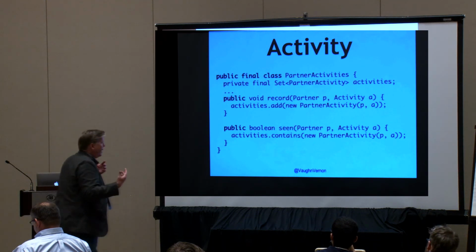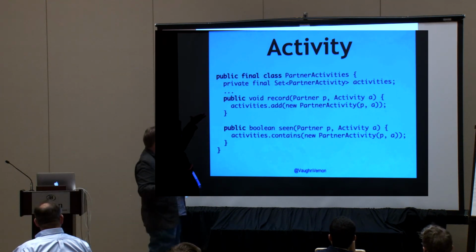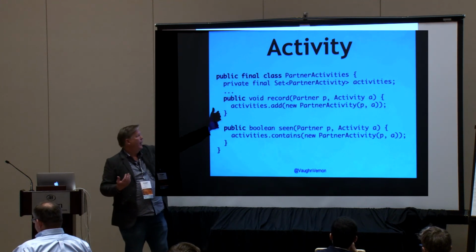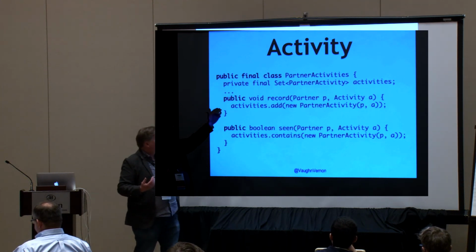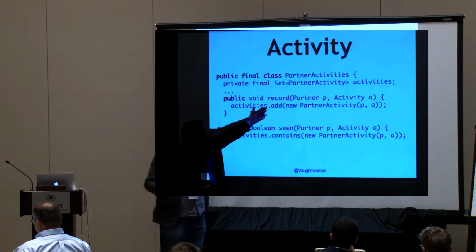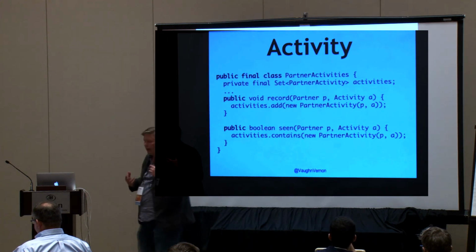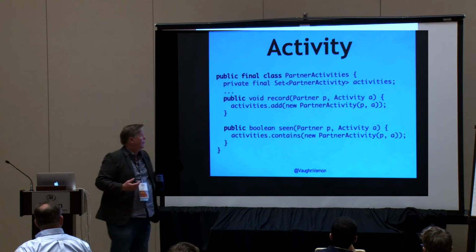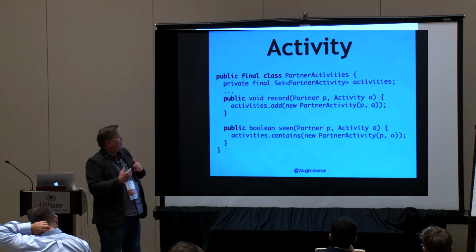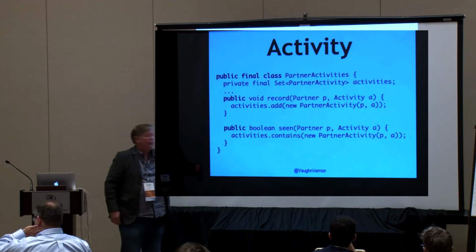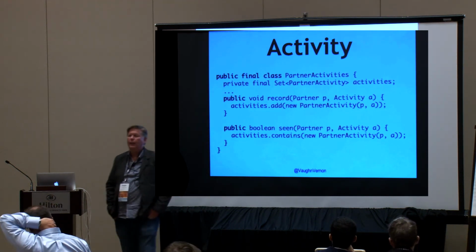And when I read Pat Helland's paper, this is sort of what I see, right? I see this set of individual activities that have happened, and then I see the opportunity to record a new activity from a partner and the activity itself. And so I'm just going to save that in this partner activity set. And then I can also ask, have I seen this partner activity before?